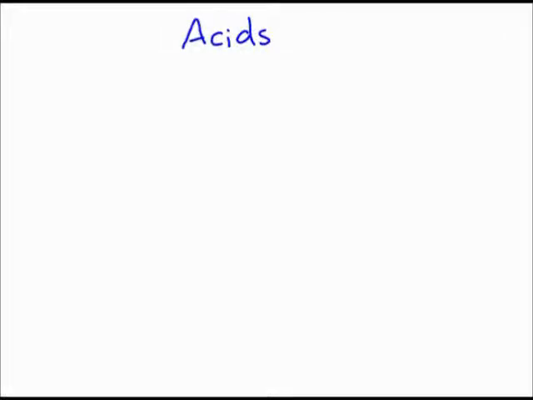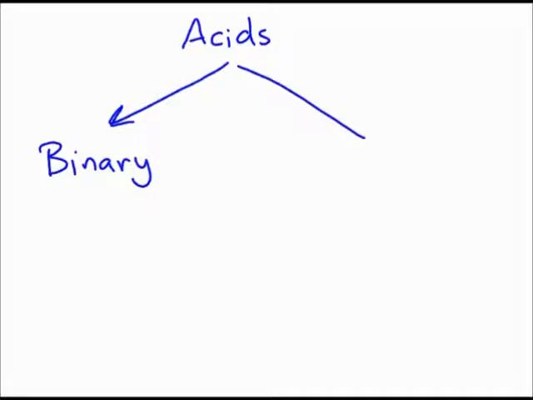Our next little topic is acids. Acids can be a lot of fun, but they can be pretty darn dangerous. Now, when we look at acids, in order to recognize what type of acid we're working with, we really have to consider two ideas. Acids can be what we call binary acids, or acids can be oxyacids.